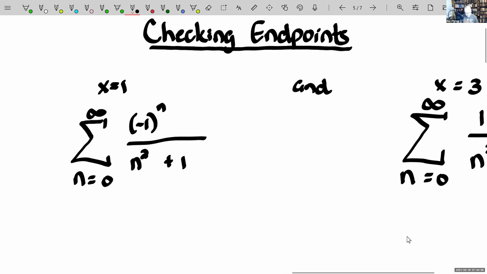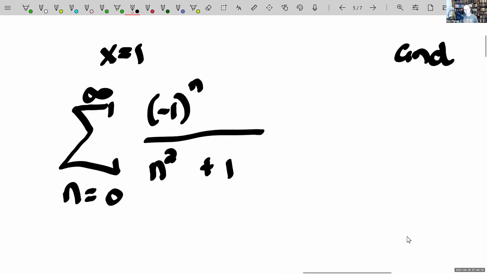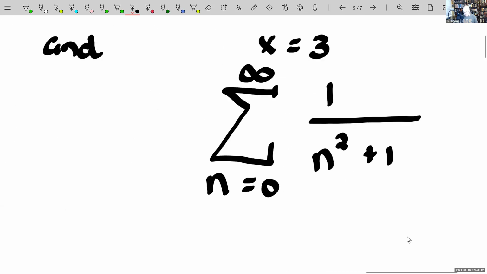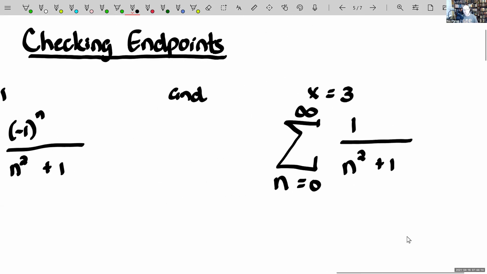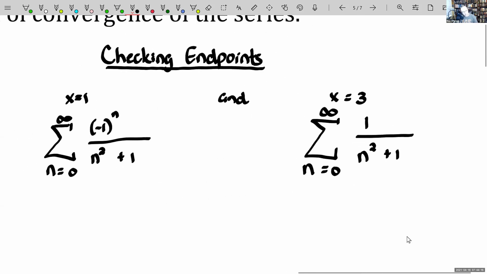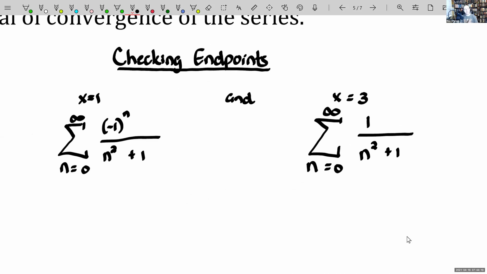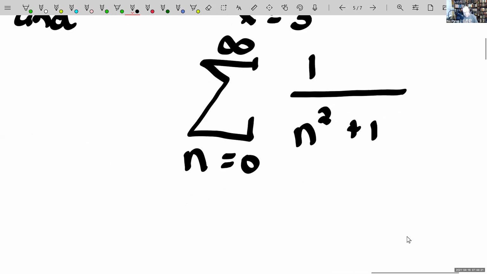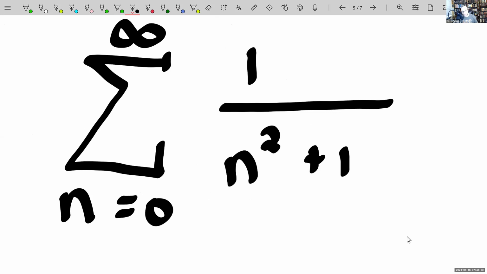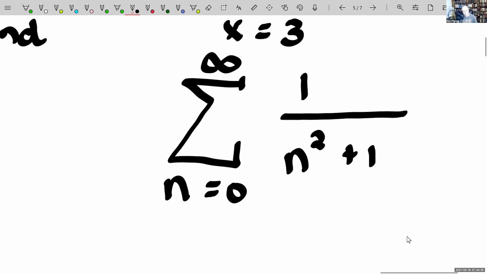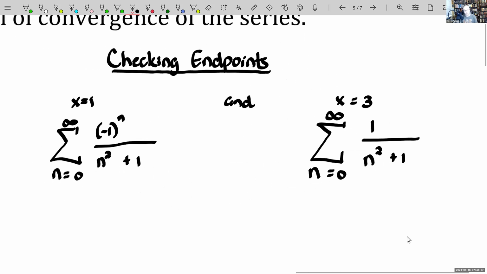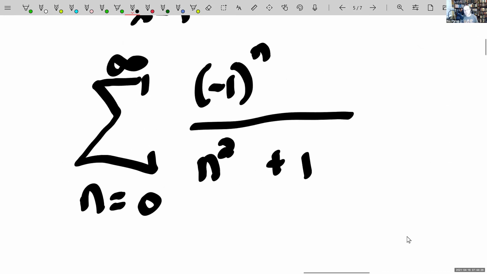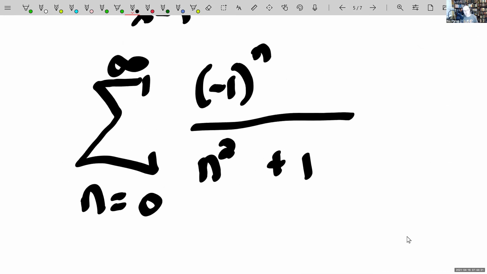This one on the left endpoint and the one using the right endpoint. However, we just finished section 11.6, which tells us if the series of the absolute or positive terms converges, then your series will converge absolutely. So the series of the alternating terms will also converge.